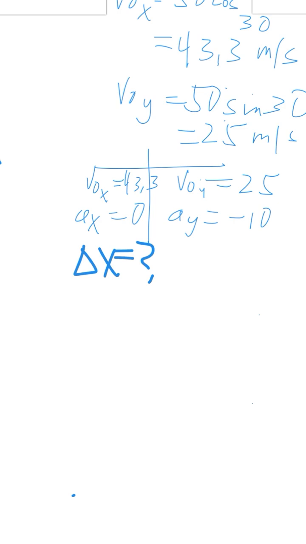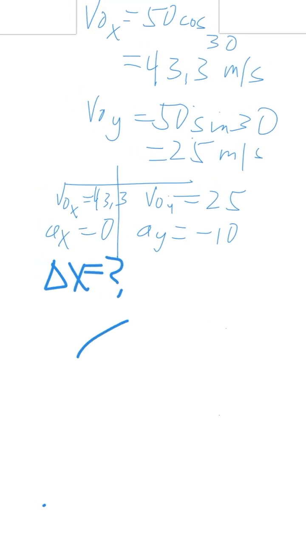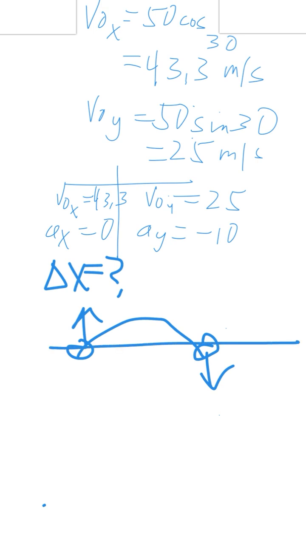Okay, so VFY, if you're thinking of the whole entire trip, here's VOY. VFY is going to be the same if it's over level ground, which I assume it is. VFY is going to equal the same thing as VOY, but negative.